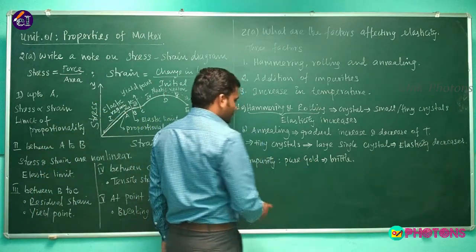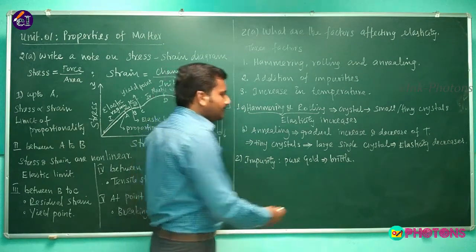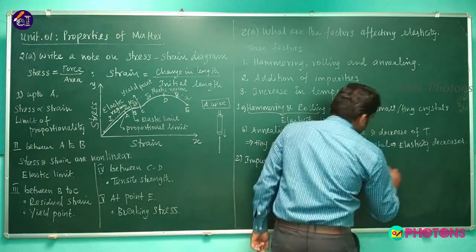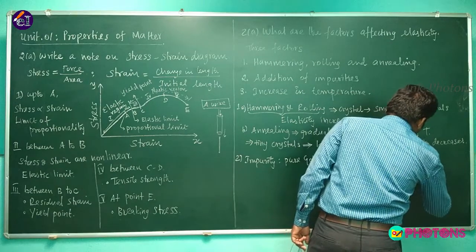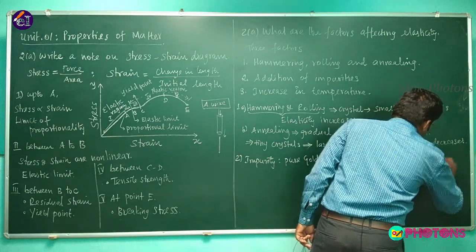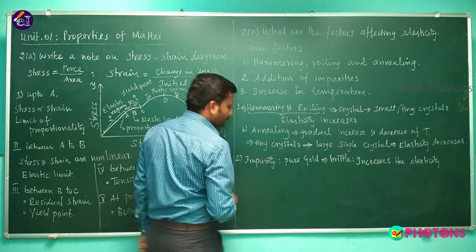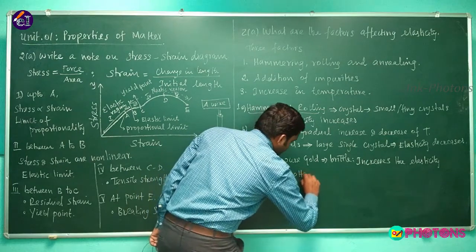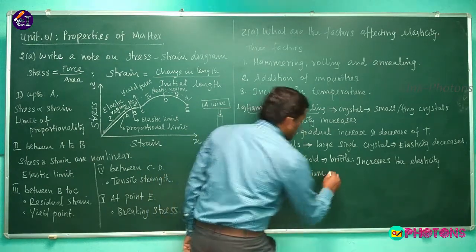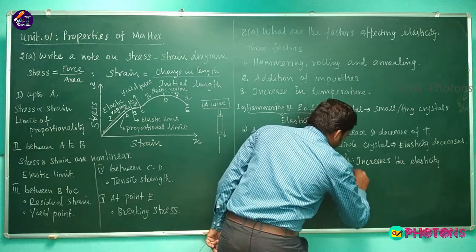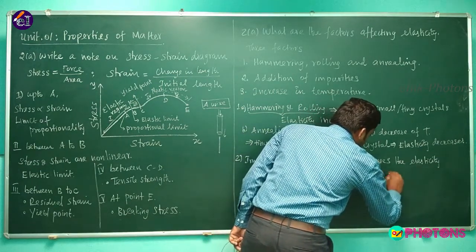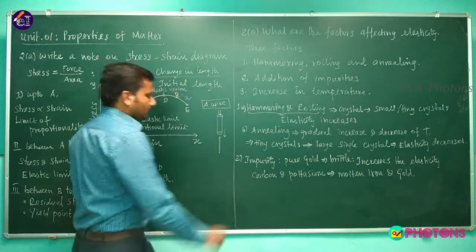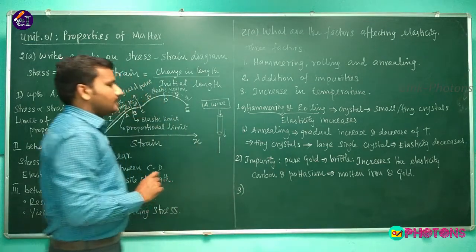So impurities will increase the elasticity. Example, carbon and potassium impurities are added to molten iron and gold respectively. This is the case for addition of impurity.